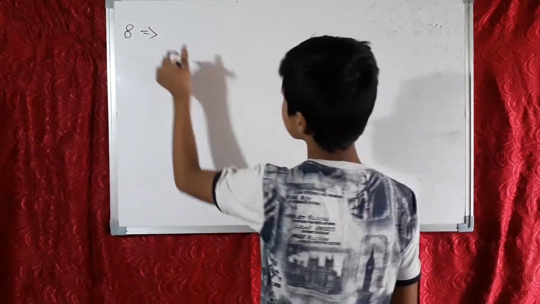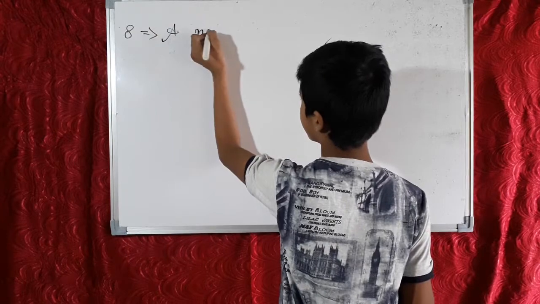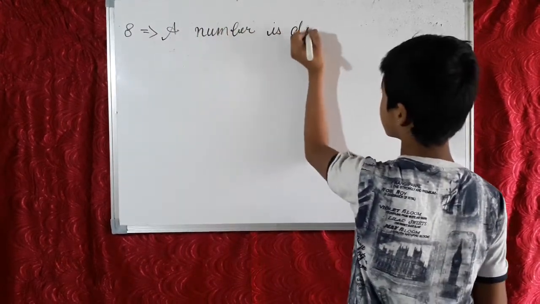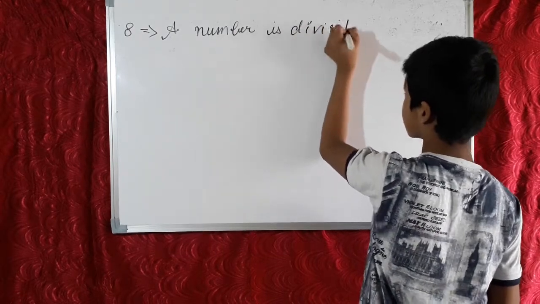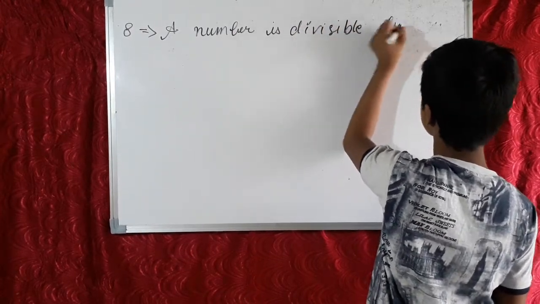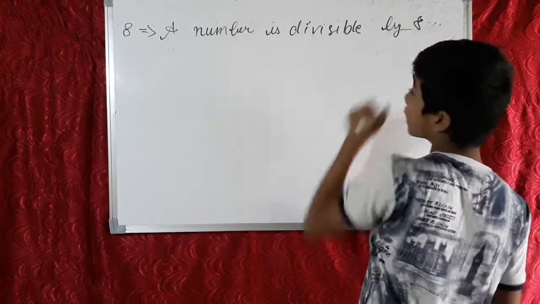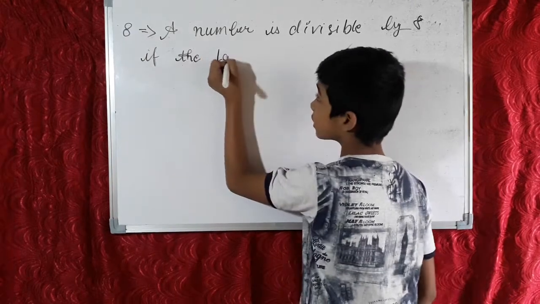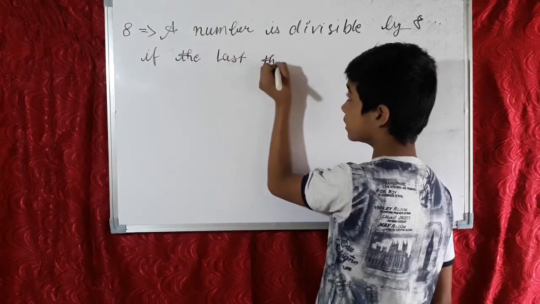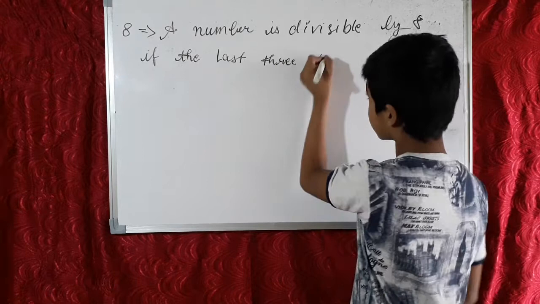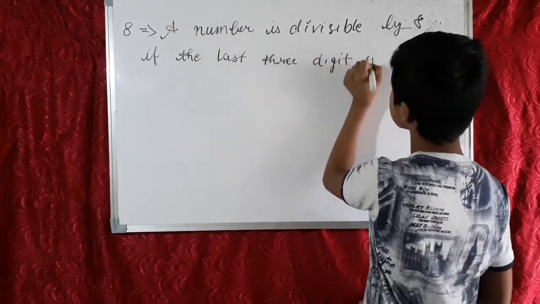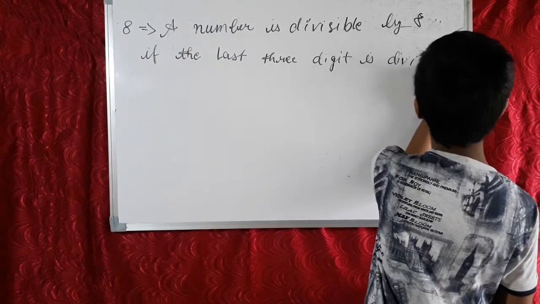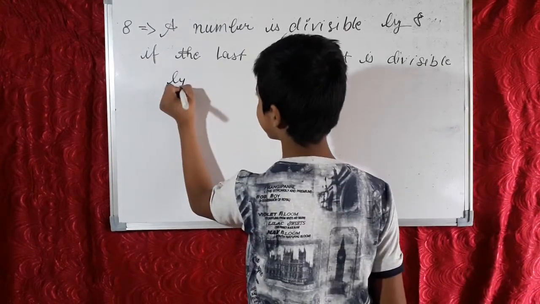A number is divisible by 8 if the last 3 digits are divisible by 8.